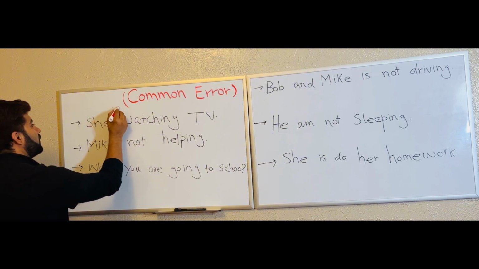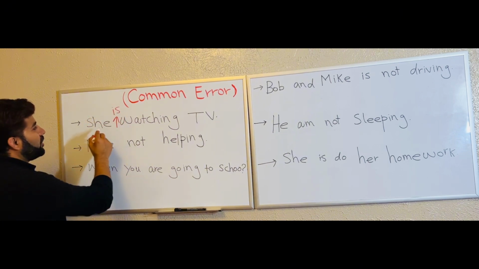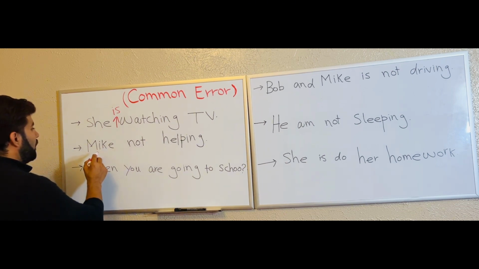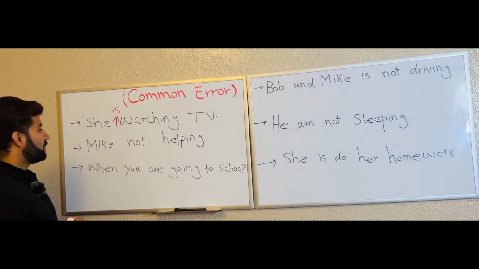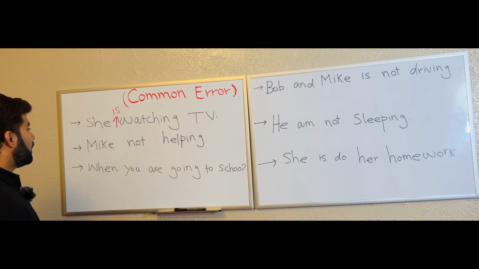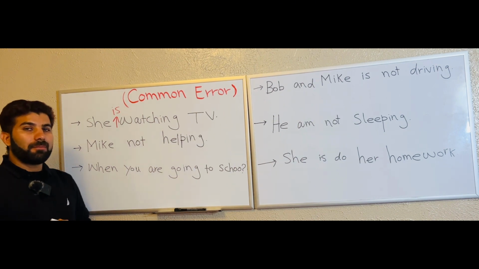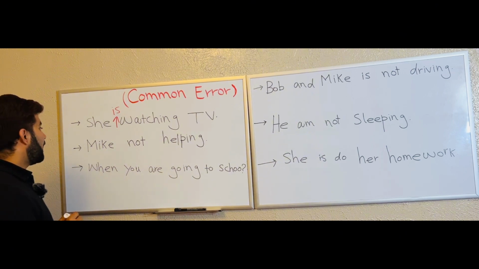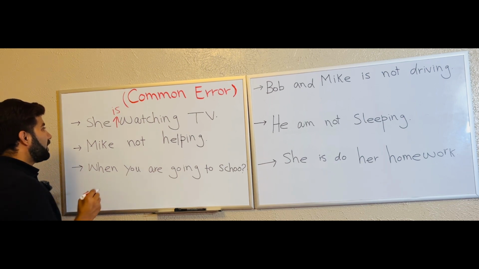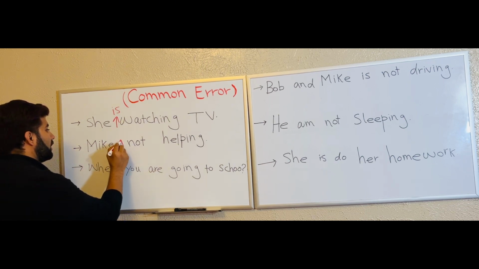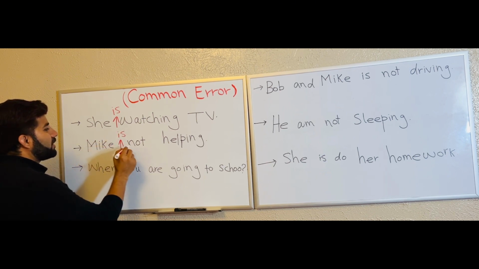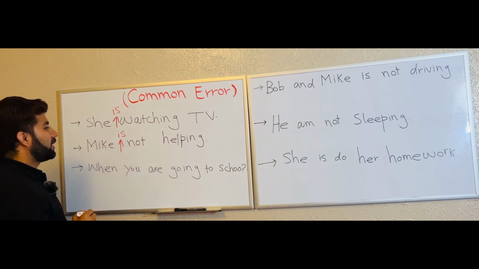The correct way will be: she is watching TV. Mike not helping. What do you think? What are we missing in this sentence? We are still missing the be verb. And what is the be verb for Mike? It also is. Mike is not helping.